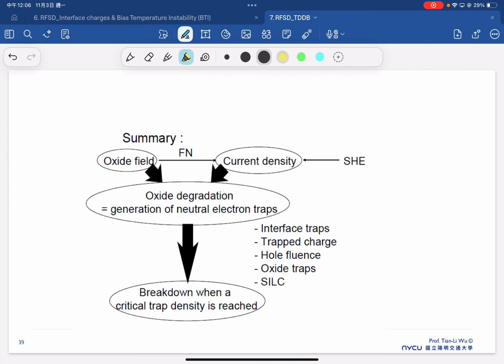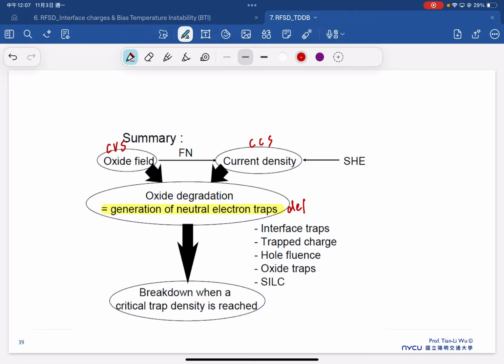So here is a summary between the different stress and the different degradation. We have the oxide field, which is mainly due to the CVS. We have the constant current stress inducing a different current density, and all that can lead into the oxide degradation, which is mainly due to the generation of the neutral electron traps, that's defects.